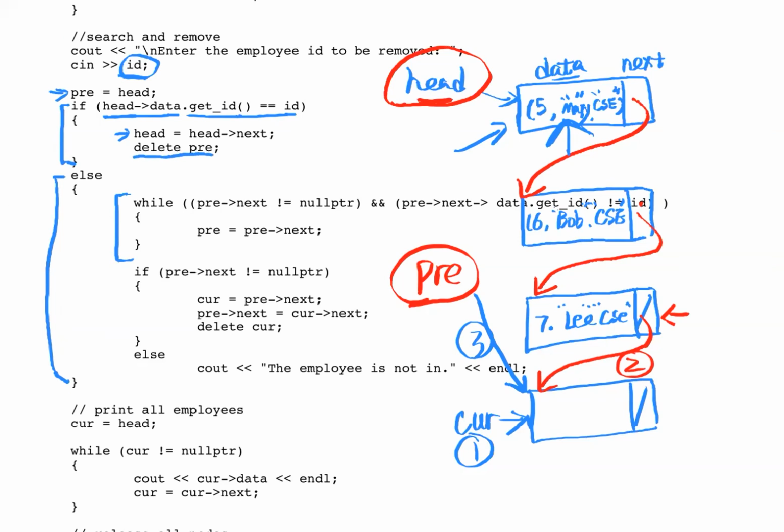Here we know if we want to delete a node, we need to know the address of the previous node. So here the previous pointer points to the previous node, and we use a current to point to the node containing the target employee.